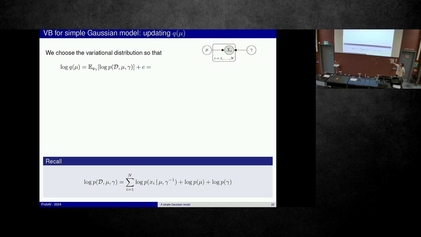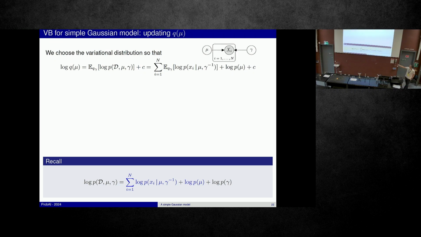Since we are looking at log Q of mu, we are only interested in the components that involve mu in some way. So mu only appears in this part here and in this part over here. We single these two out, marking them with blue, and move them up here.